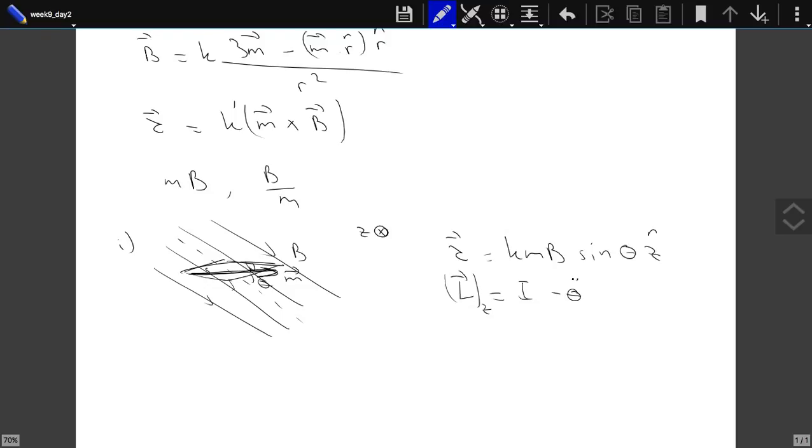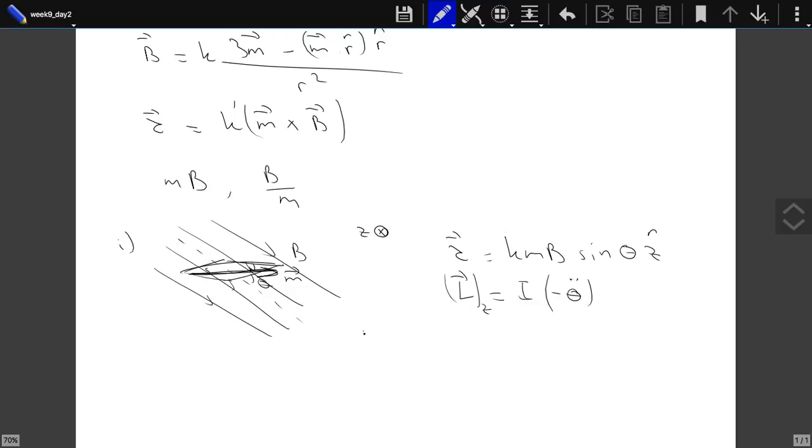Well, minus theta double dot, because of the weird way I define the angle. So there's a minus sign. So you see it's rotating like this with that definition of theta. So if theta is increasing, the velocity is in the negative direction. So that's why basically we have that minus sign.